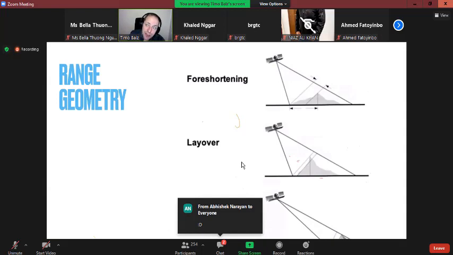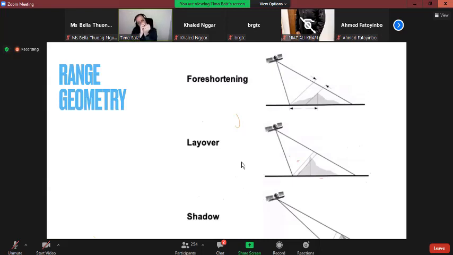And we also have to talk about the geometry of them, because the position of our object in this range direction depends on the time the signal is traveling. Now, if you have a flat Earth, we can position that very clearly. But in reality, we have topography.